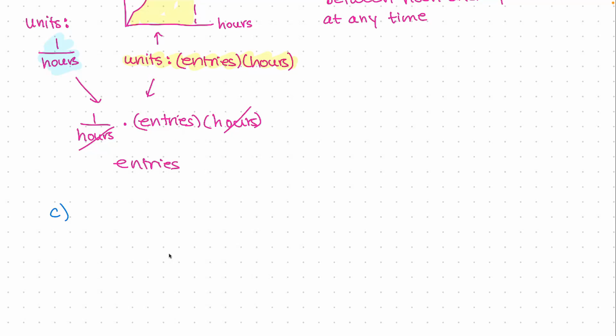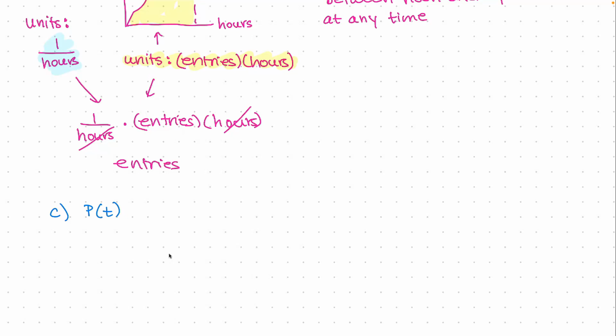Part C says, at 8 p.m., volunteers began to process the entries. They processed the entries at a rate modeled by the function p, where p of t equals, and they give you this polynomial. According to the model, how many entries had not yet been processed by midnight? So let's chew on this a little bit. Let's write down what it's given us. Let's summarize this.